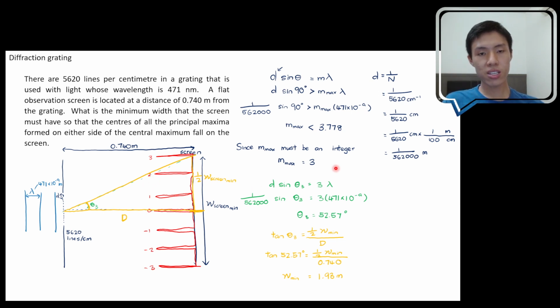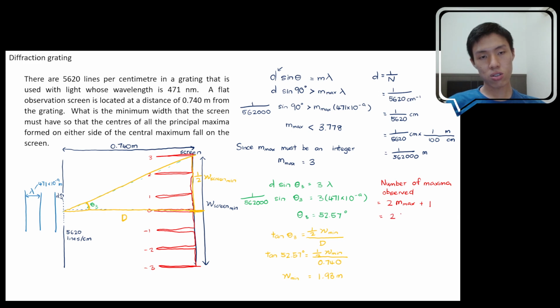Actually, it's taking the maximum order, which is 3, and multiplying by 2 because that's both sides of the central maxima, giving 6 bright maxima, and then adding 1 to account for the central maxima. So the number of maxima observed can be determined by taking m maximum, multiplying by 2 to account for both sides of the screen, and adding 1 for the central bright.